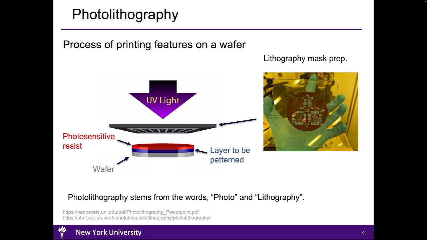Specifically, the mask consists of transparent and opaque regions. The opaque regions on the mask block the UV light, while the transparent regions allow the light to pass through. Once the light passes through the transparent regions on the lithographic mask, it triggers specific chemical reactions in the regions of the photoresist located directly below those patterns.